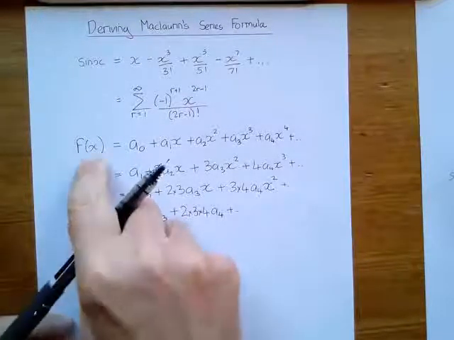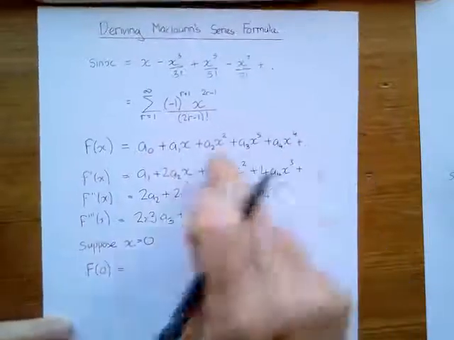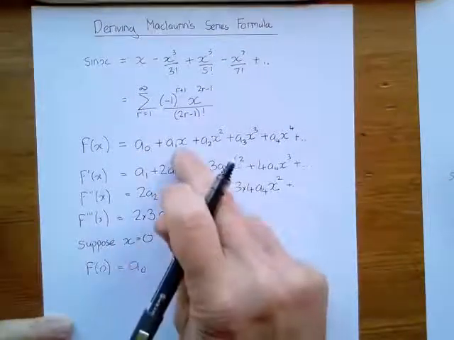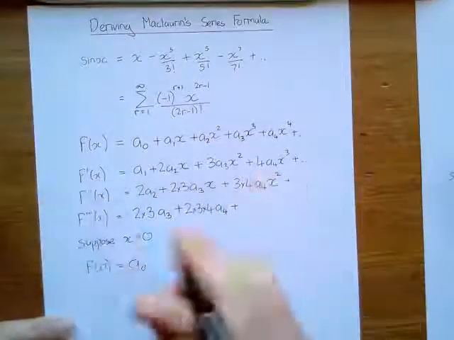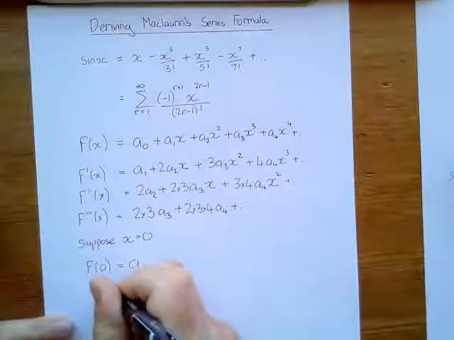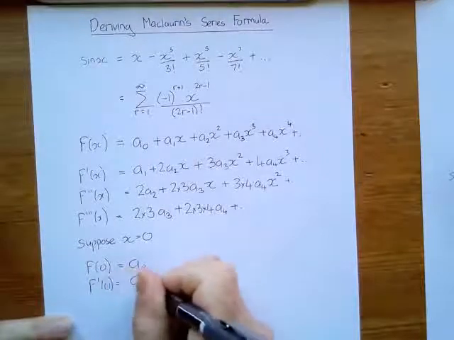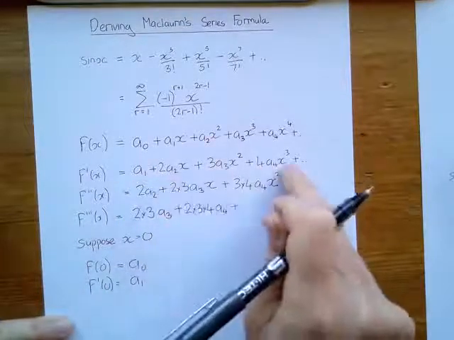So if I put 0 in there, the other side just becomes a0, because all these terms disappear. I put 0 in for x. For similar reasons, the next one, f dash of 0, will just be a1. These terms would disappear.